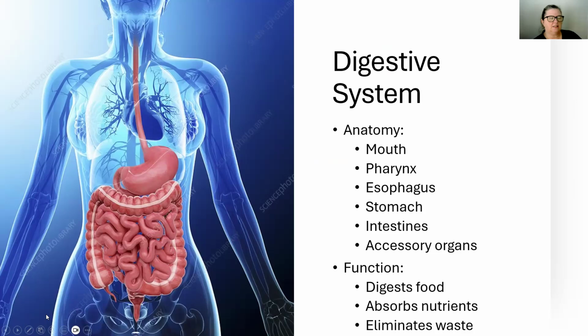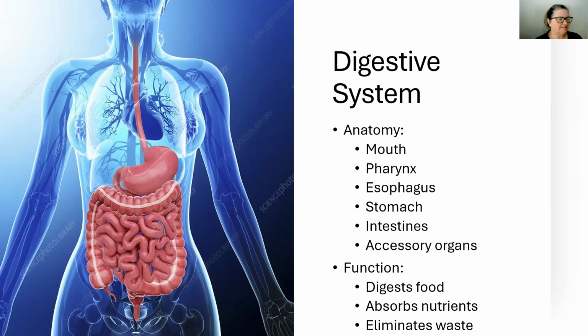The digestive system. The digestive system consists of the mouth, the pharynx, the esophagus, or what some books actually call the food tube. Yeah, I love that.